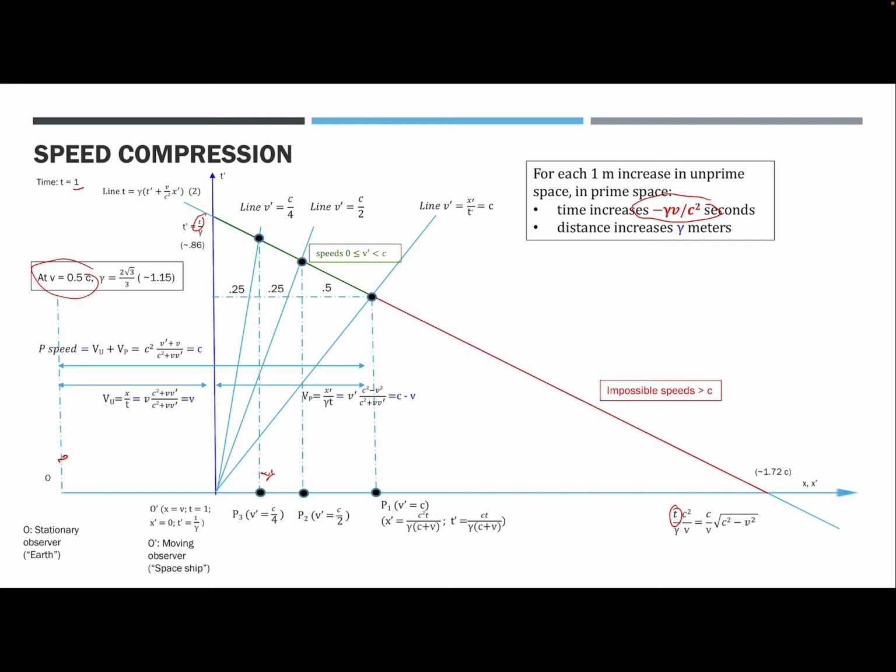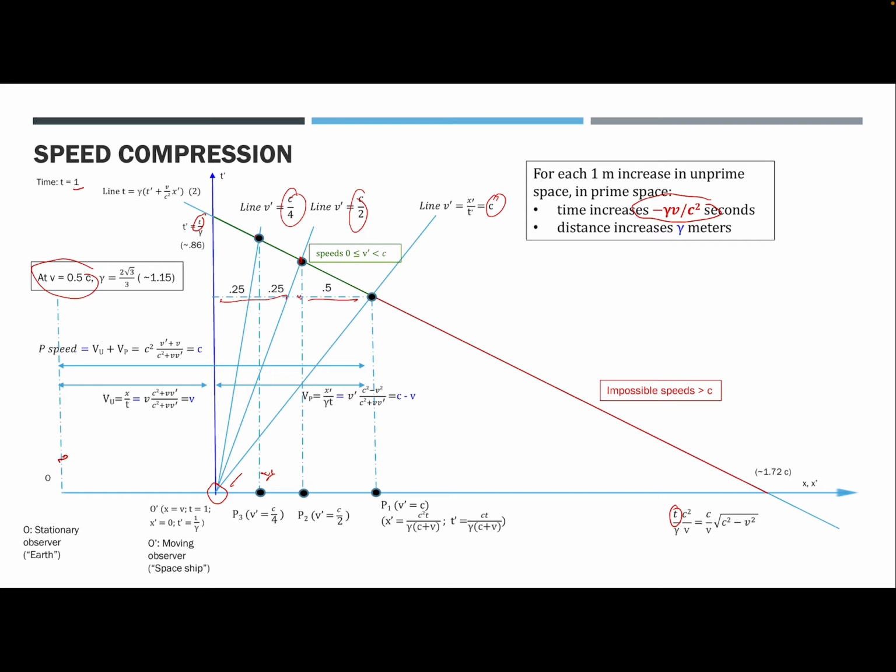Now, that is the absolute speed. The relative speed with respect to the O prime origin is defined by these lines. And I'm drawing them to show the scale here. You see, this one is a speed of c, and half of that is this line here, mapped to the point where the speed of that point is now actually only half of c, and likewise a quarter of c for these points here.